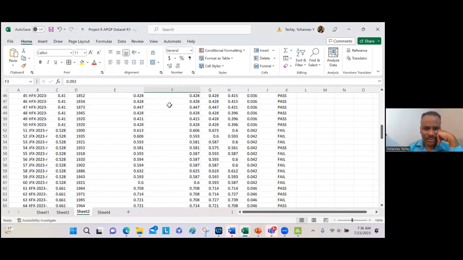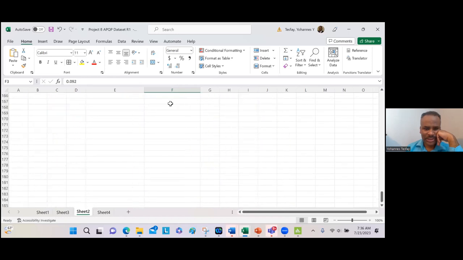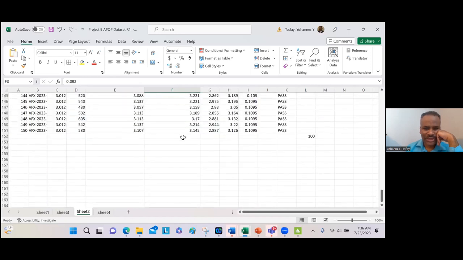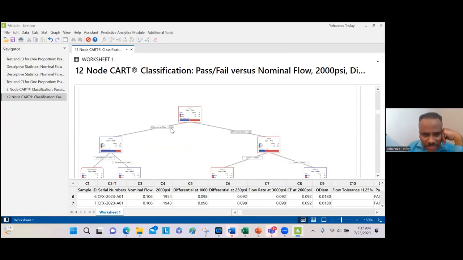then you see እዚህ ጋር upper specification limit ስንት ይሆናል ማለት ነው? upper specification limit. You see, this is upper specification limit 0.485.